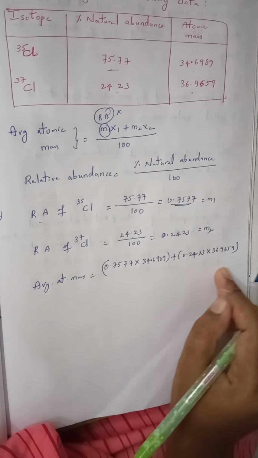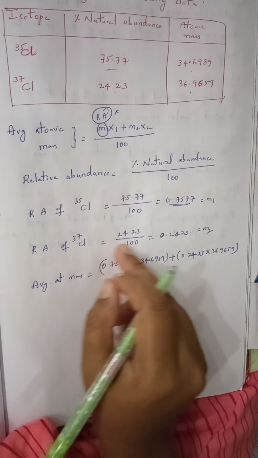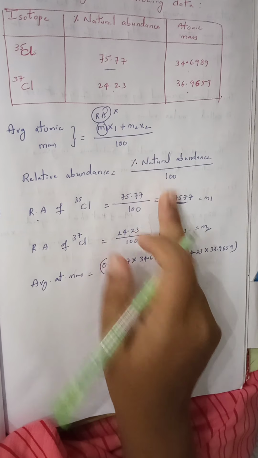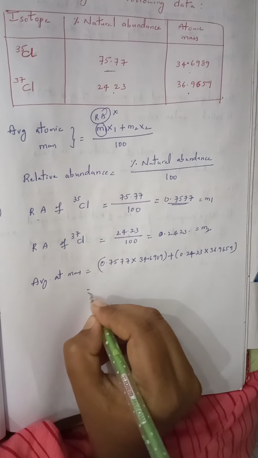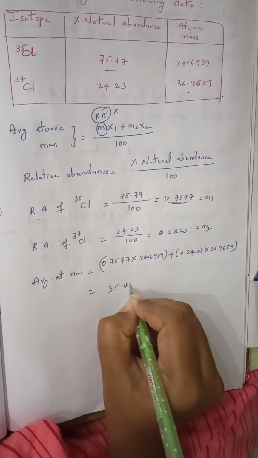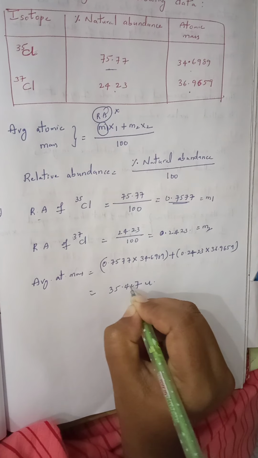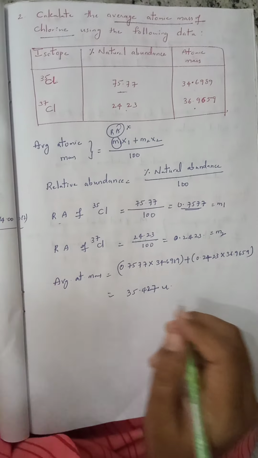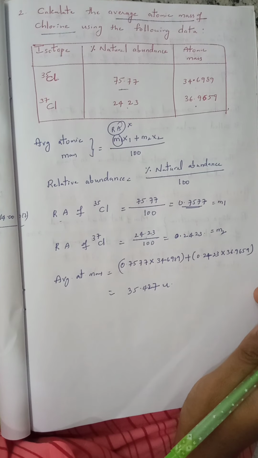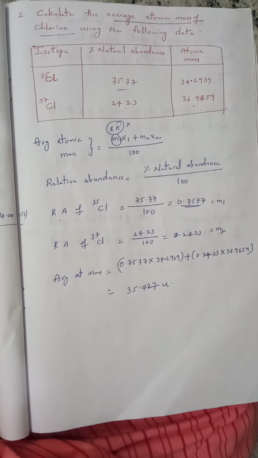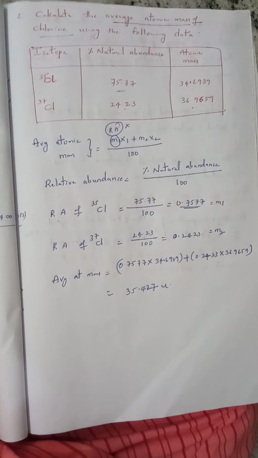Here we need not divide by 100, because while calculating the m1 m2 values we have already divided by 100. By calculating all this you will get finally 35.427 unified mass as the final answer. So in this manner you can easily find the average atomic mass of an element present in a compound.